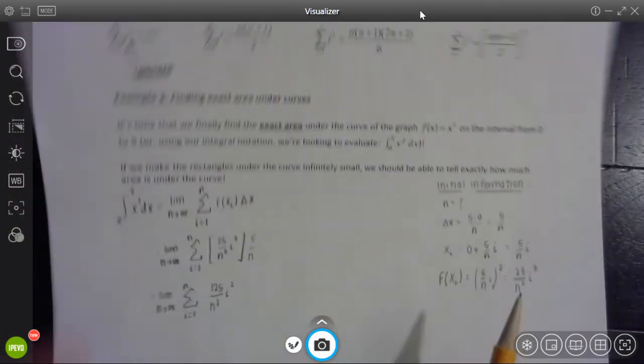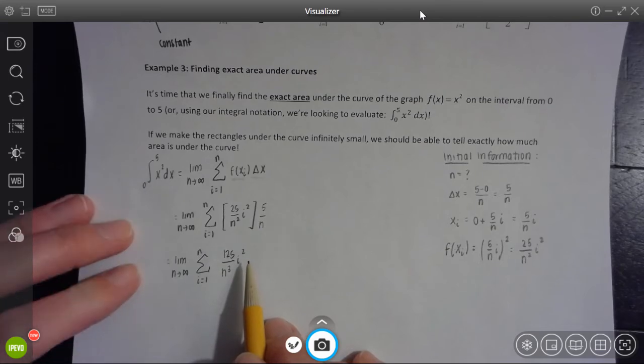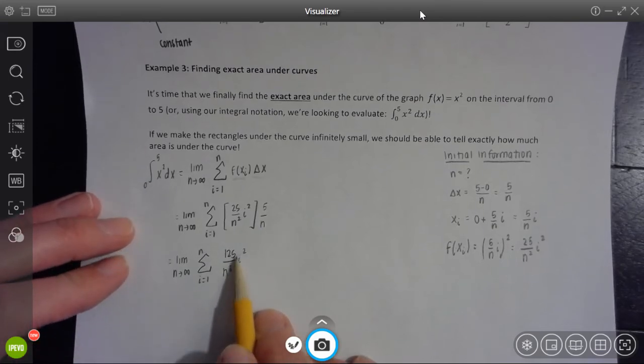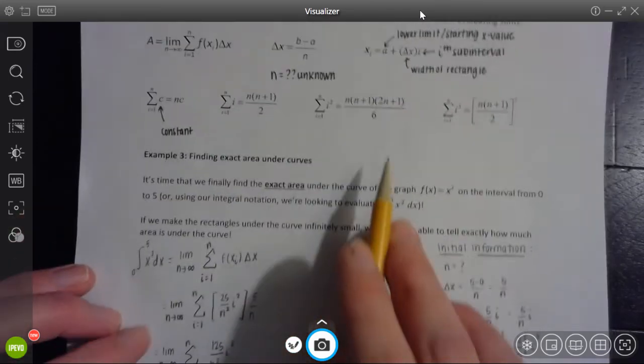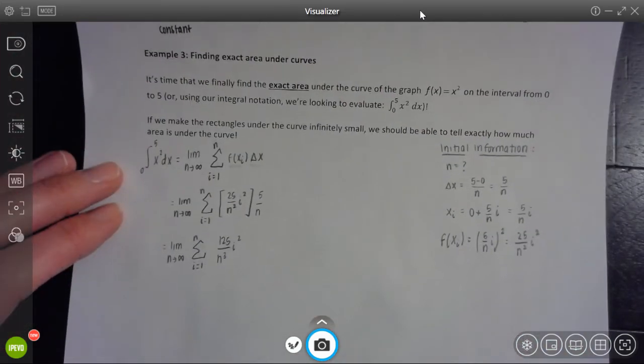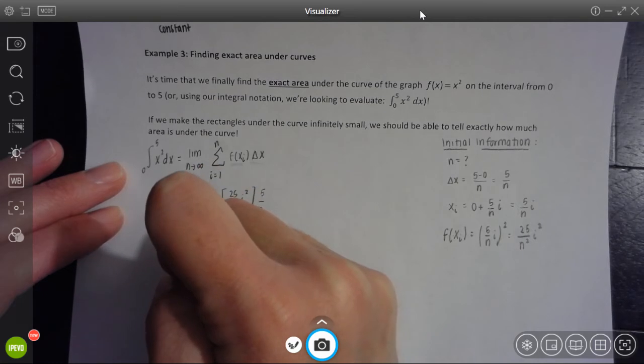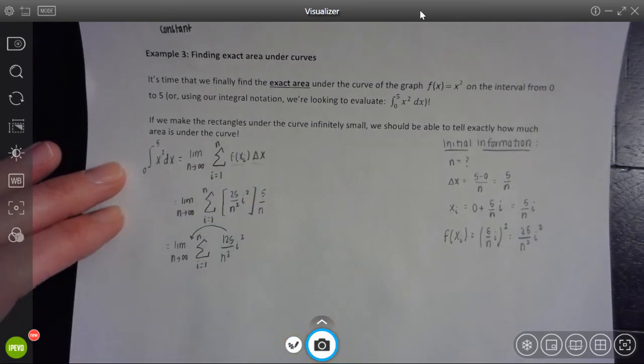Right now I have the summation of 125 over n cubed times i squared. So what I need to do is isolate this i squared so that I'm able to substitute in this quantity. What I can do is pull out that 125 over n cubed, and pull that out in front of the summation.